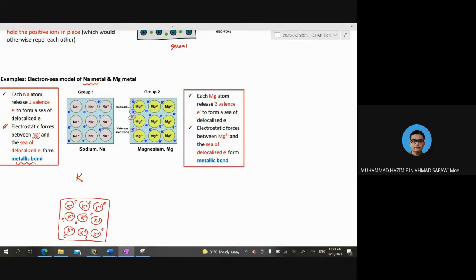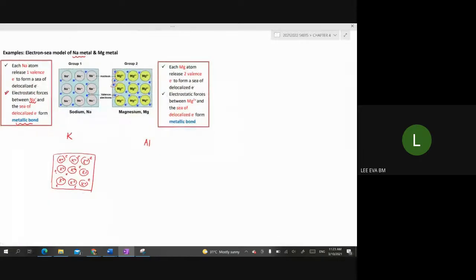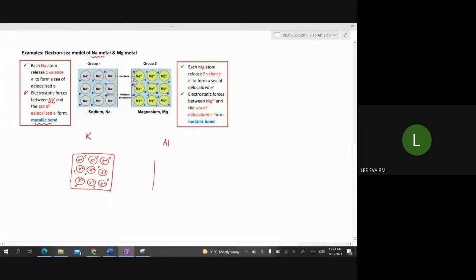Yes, madam. Okay, so let's try to draw the electron sea model for aluminium. How many valence electrons does aluminium have? 3. Yes, 3. Inside your diagram the circle is more or less the same.